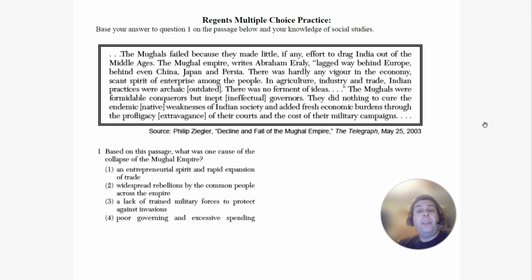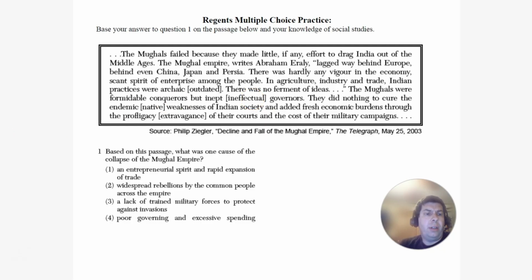Okay, so based on this passage, what was one cause of the collapse of the Mughal Empire? One, an entrepreneurial spirit and rapid expansion of trade. Okay. It says right here, I'll use that. There was scant spirit of enterprise amongst the people.